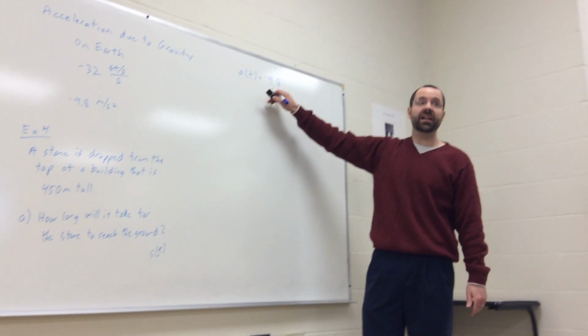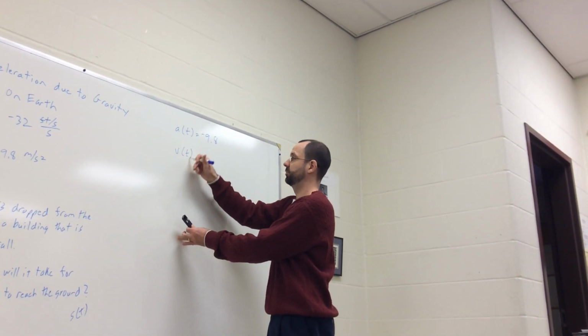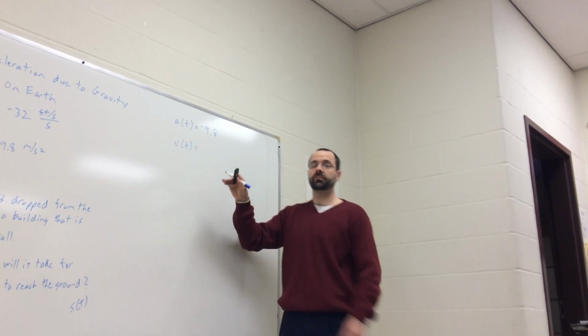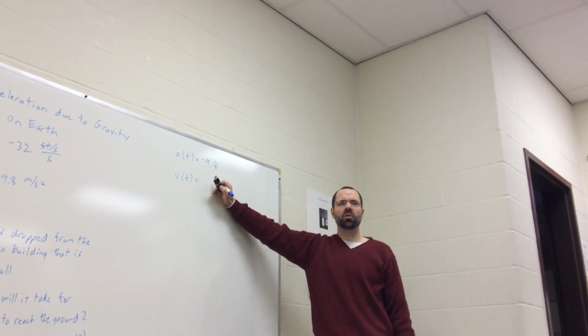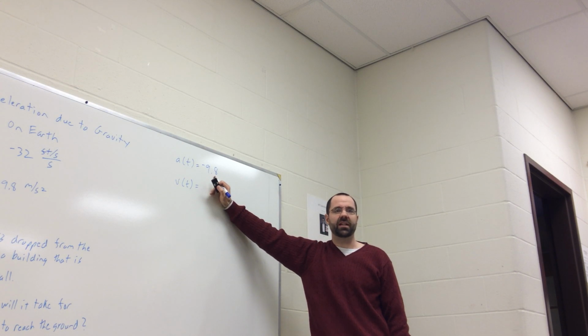Okay, so if I take the antiderivative of this, that's going to give me my velocity equation. So what is the antiderivative of negative 9.8? Negative 9.8x, right? Just like yesterday, the backwards derivative of 3 was 3x.